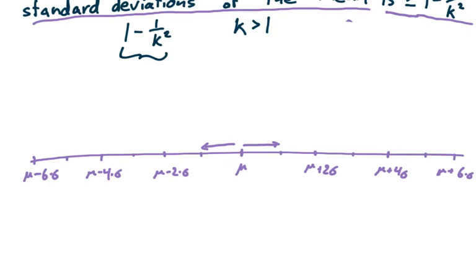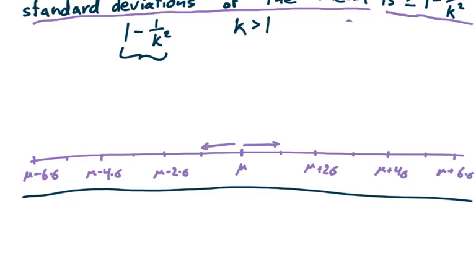That means when we're looking at our x values along the graph, the mean mu is in the middle. If we only go 1 standard deviation away, Chebyshev's theorem is not going to tell us anything. It's not going to give us anything useful.